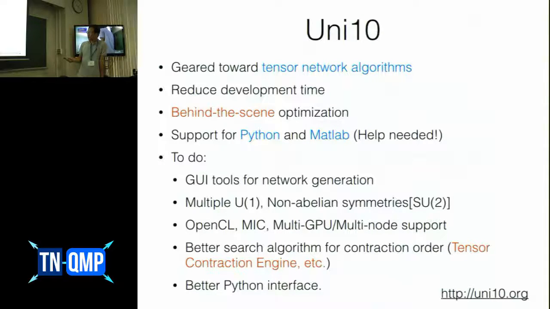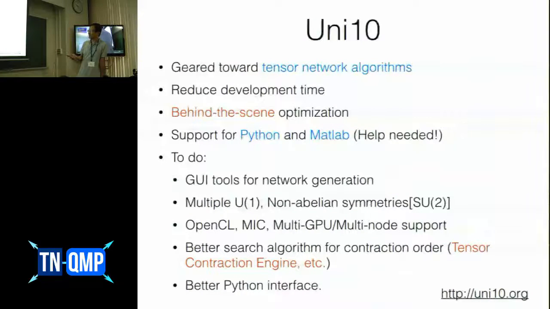What we are doing now is that we want to have a GUI. Basically, you can drag and connect the shapes and generate a network file, because in this business you know how to draw the diagram, you know how to do the tensor network. Another thing is we want to improve our symmetry class, and we hope we can do non-obvious symmetries, but we will rely on Ian's expertise.